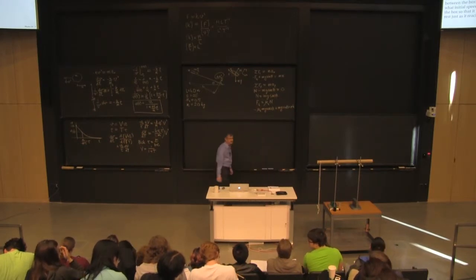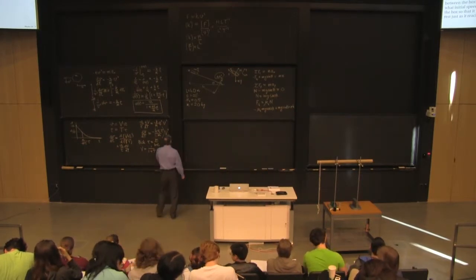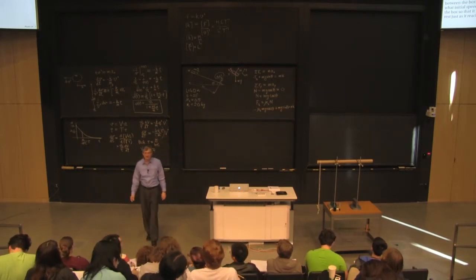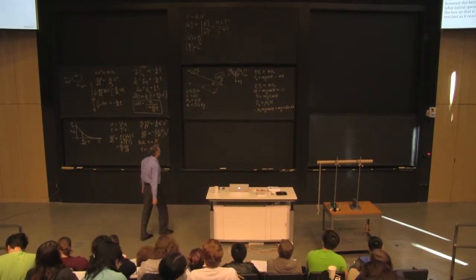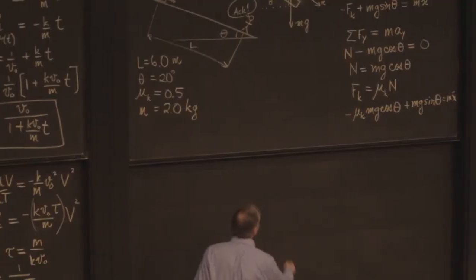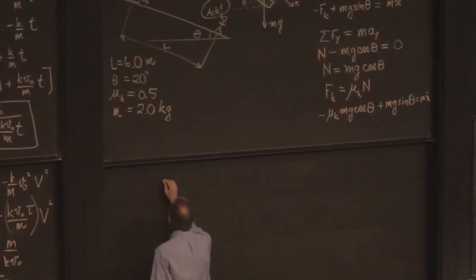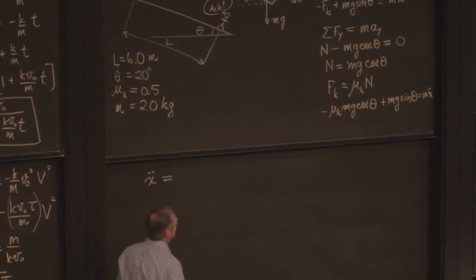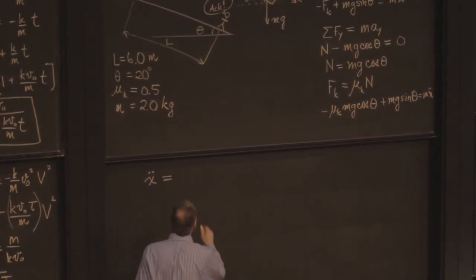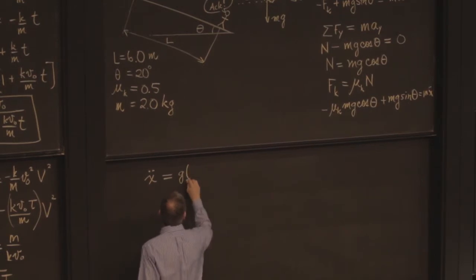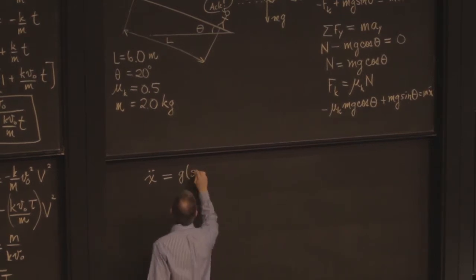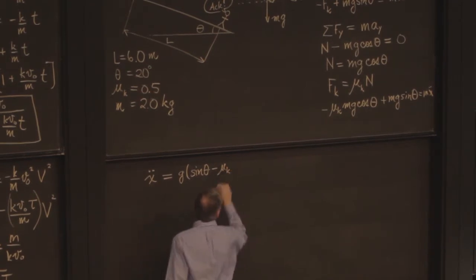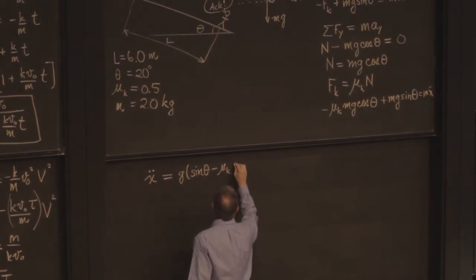Okay, so you can see, even though we were lovingly provided the mass of the nails, it doesn't matter. It divides out. So we will simplify to say x double dot is equal to, I have a common factor of g, so I'm going to pull it out, g times sine theta minus mu sub k cosine theta.